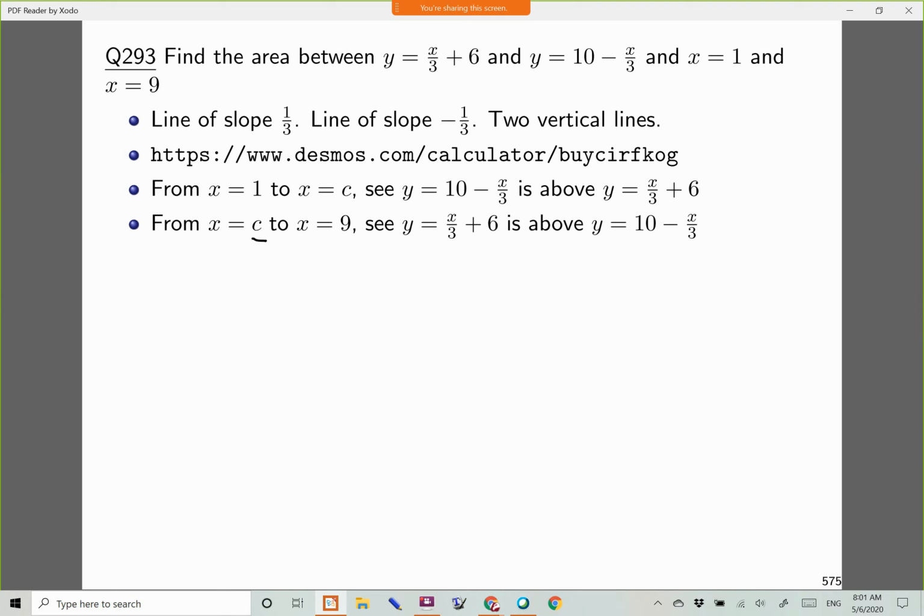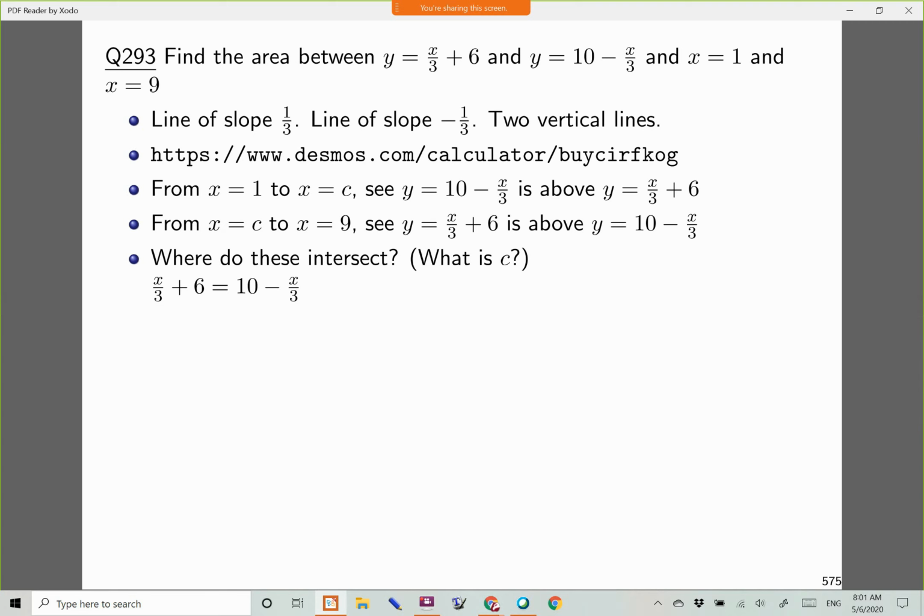Before doing anything else, this is a bit of a guess without the use of the graphing tool, so we should try to figure out where these intersect. That's the key, and it's the same deal as what we just did in the last problem, though for a different reason, because we're going to split this up into two problems. Where do these two curves intersect?